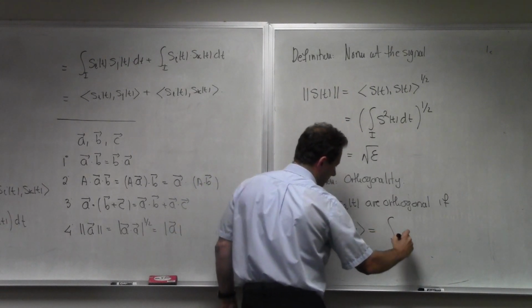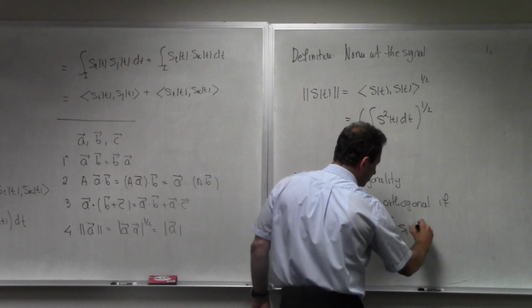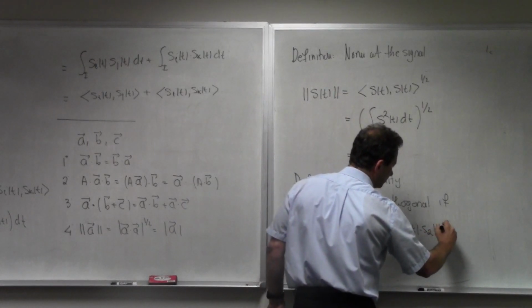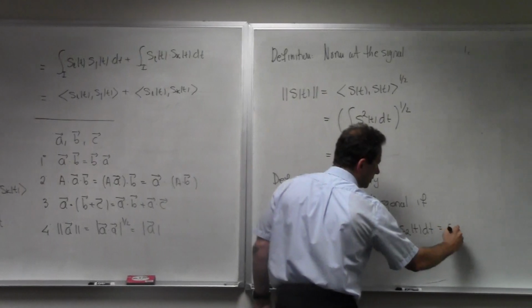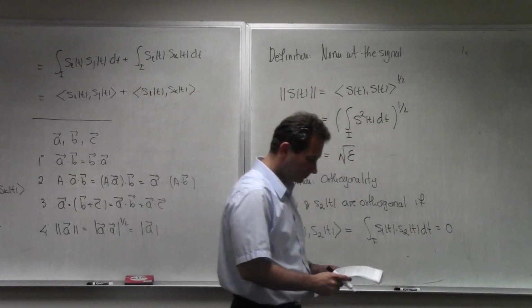This is the integral of S1 of t times S2 of t dt, that's equal to 0.